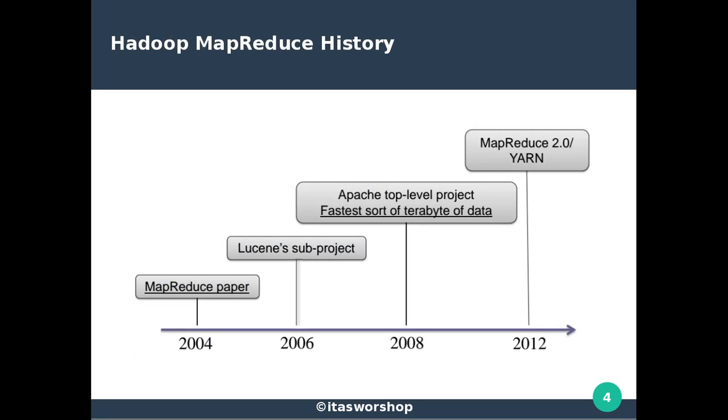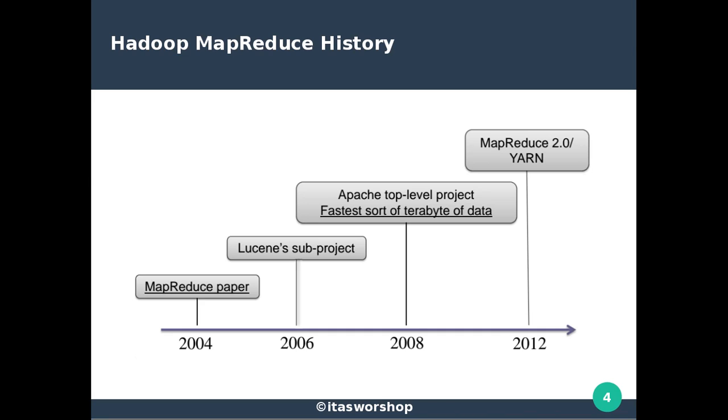Let us discuss a little bit of history about MapReduce programming. In 2004, Google released the MapReduce paper, then in 2006 Hadoop was a Lucene sub-project, and then in 2008 it became an Apache top-level project, capable of the fastest sort of terabytes of data.